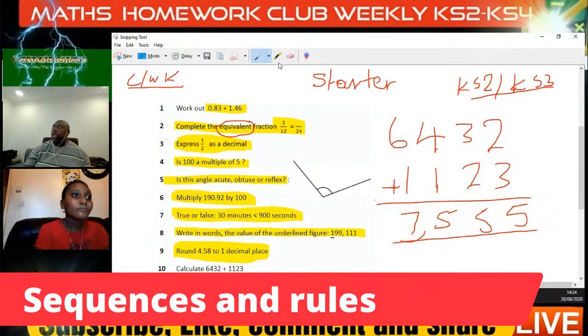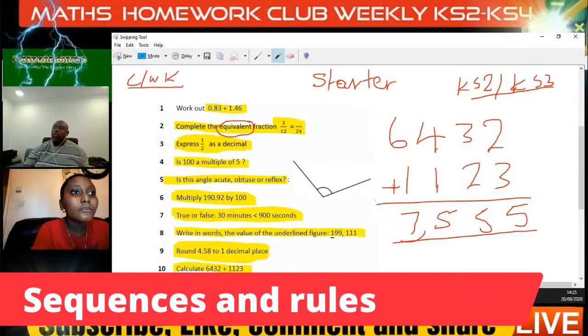Okay. So we recap: adding with decimals, equivalents, some keyword expressing fractions as decimals. We did some multiples, the 5 times table, angles, multiplying decimals by 100, changing time, seconds and minutes, well done.